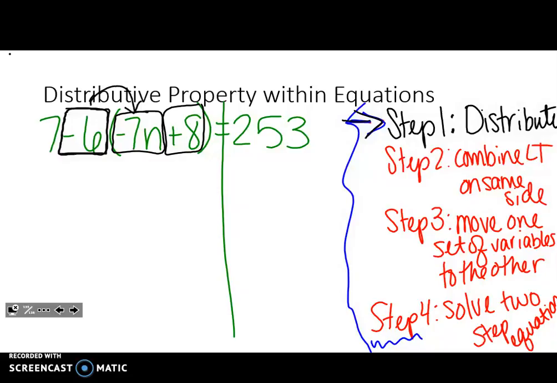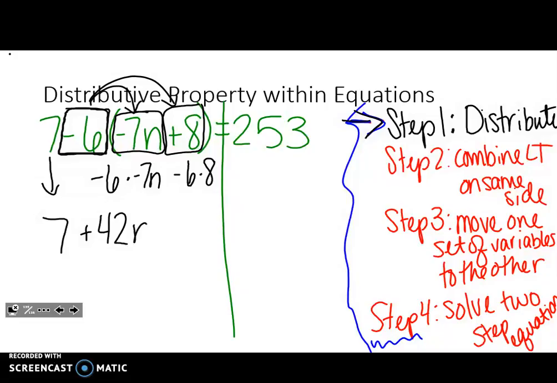So I'm going to take negative 6 times negative 7n and negative 6 times 8. So I'm going to bring down this 7 because I haven't used it yet. Negative 6 times negative 7n is a positive 42n. And negative 6 times 8 is a negative 48.